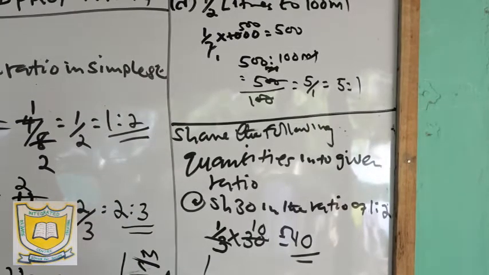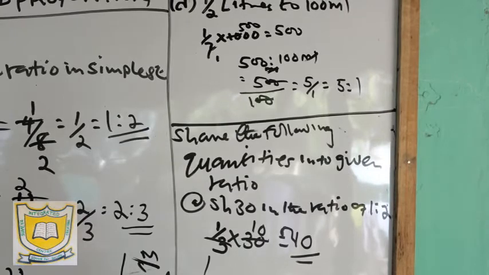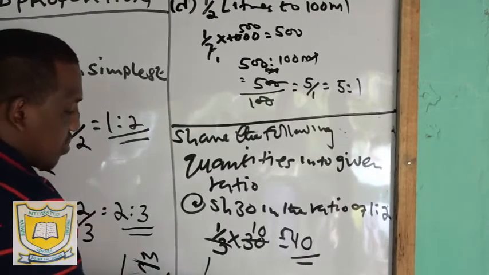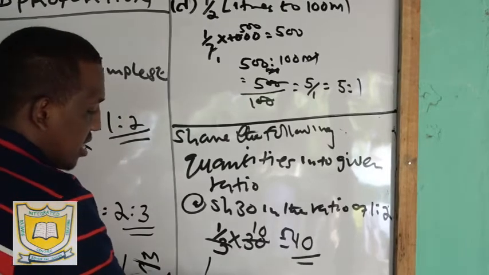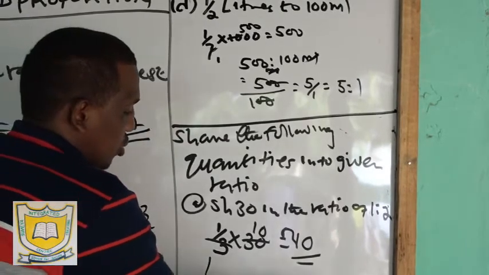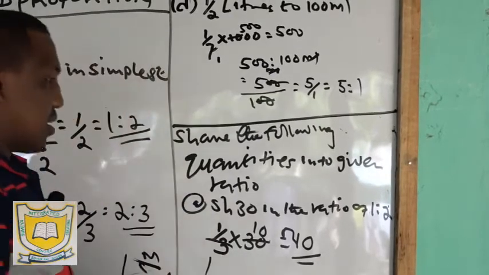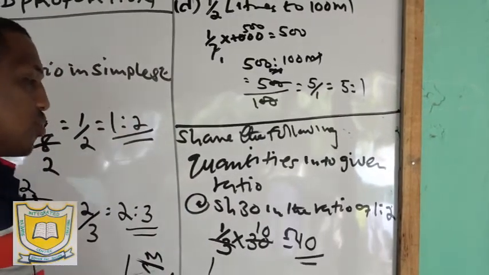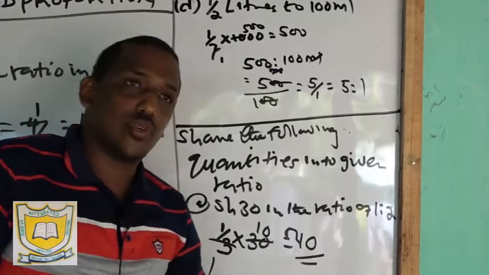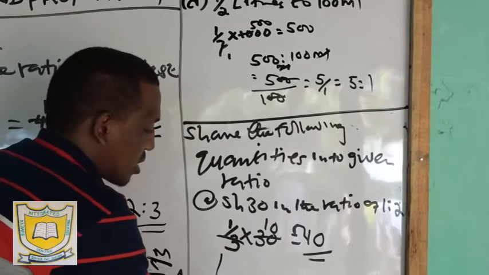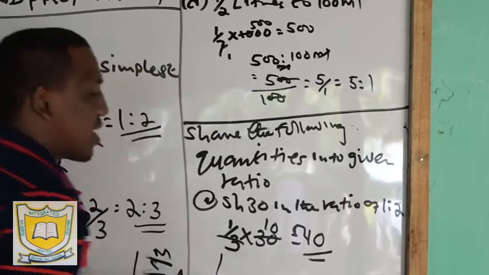The other one, B, you are told 70 kg in the ratio of 2 to 5. I want to share this one. What you do, you add the two ratios, then you use the first ratio. So let us add the two ratios. 2 plus 5 is equal to 7. Like this one we added.